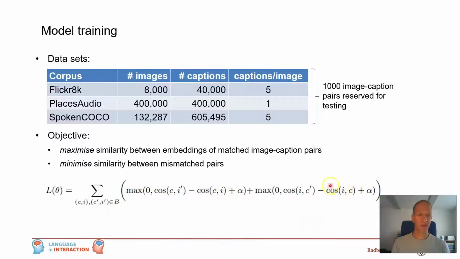Then this cosine is the similarity measure here. So this needs to be maximized. The cosine between the different non-matching images and captions needs to be minimized. So all in all, when that works, the loss is as low as possible.